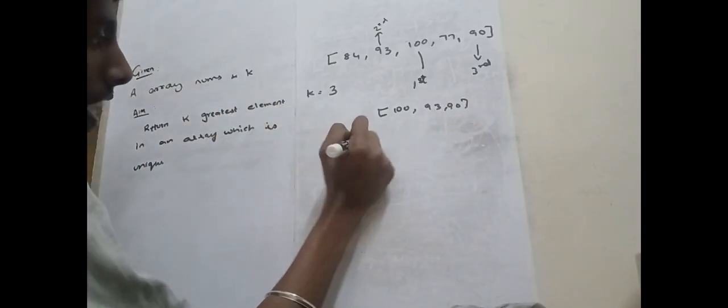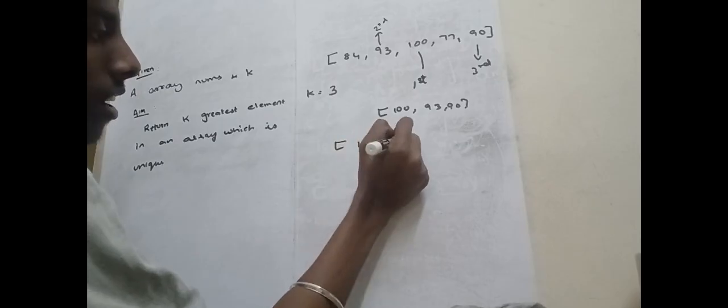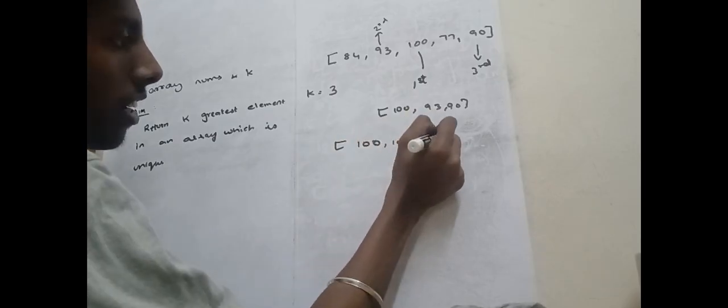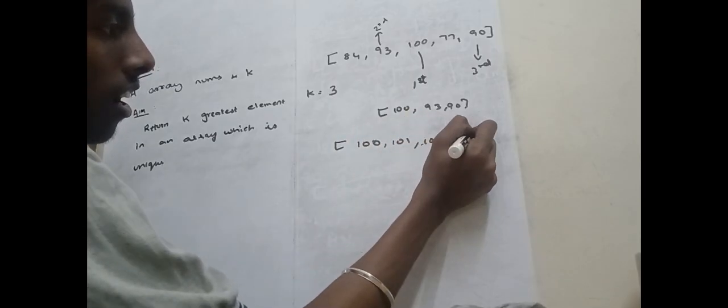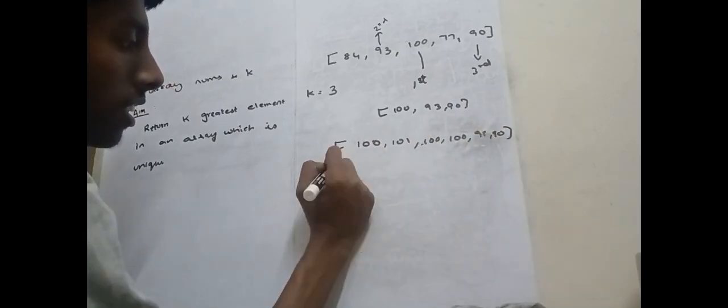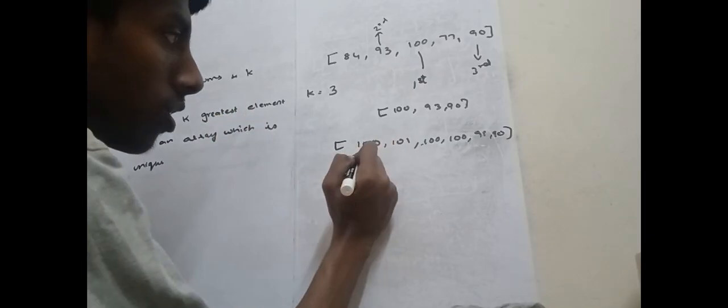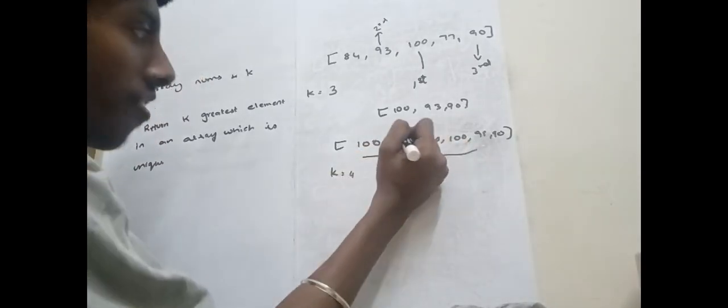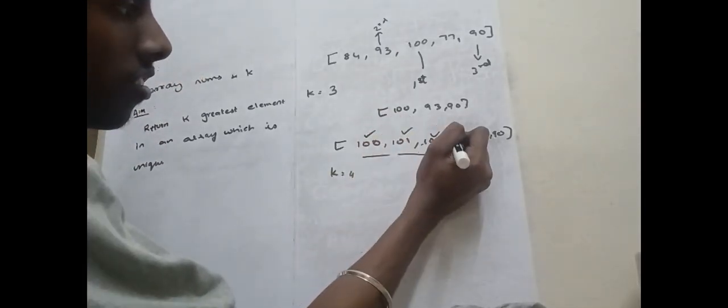So this is clear. Now what if the array is like 100, 101, 100, 100, 99 and 90 and k is equal to 4. First you'll figure out the k greatest elements. So these are the k greatest elements. This is the first greatest, second, third, fourth.